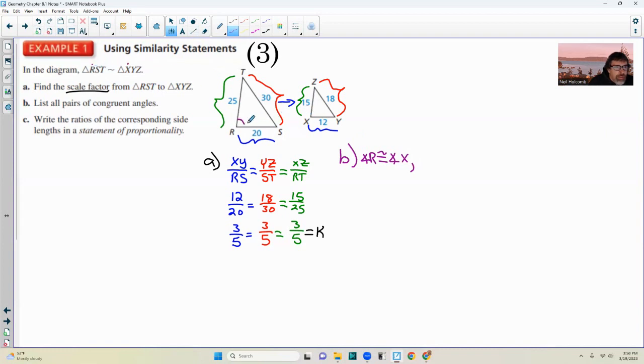The next one, let me do it in green: angle S is congruent to angle Y. And then finally, angle T is congruent to angle Z.